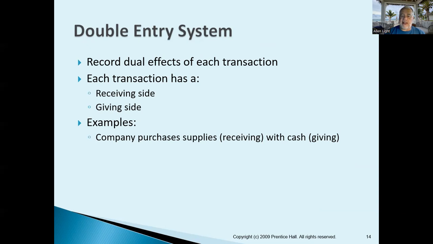So the giving side is they give cash, and the receiving side is they get the supplies. So there's always going to be this two-sided or at least dual effects. You could have more than two accounts affected. You might have 3, 4, 5 accounts that are being affected. But that's what each transaction has. It has a giving side and a receiving side.